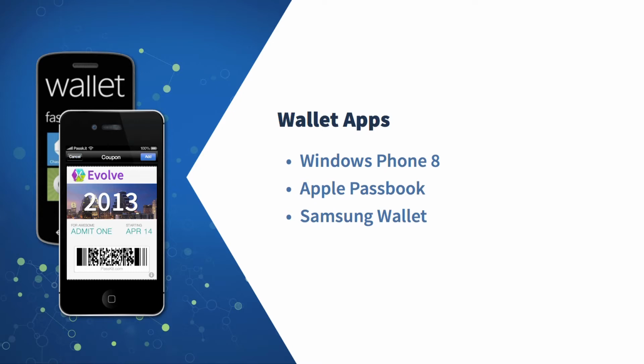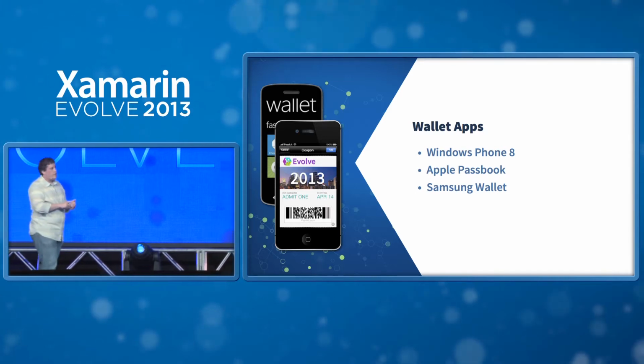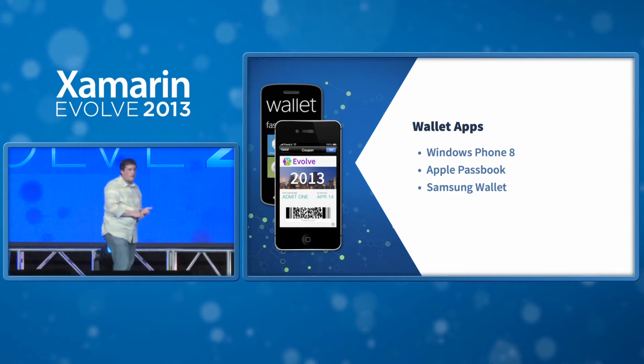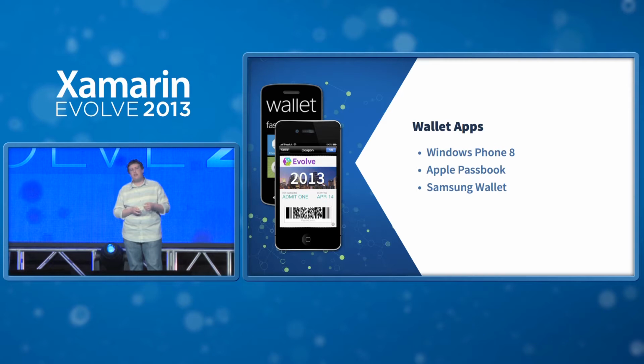Well, the interesting thing about these wallet apps is, despite all this new technology we have, like NFC, they're still all pretty much using barcodes. So barcodes are kind of this universal, simple way to pass data back and forth. So you might have your frequent flyer card on your phone in your wallet app. You might have your Starbucks card, and you walk in and scan it, grab a coffee, walk out, and they take the money off your account.